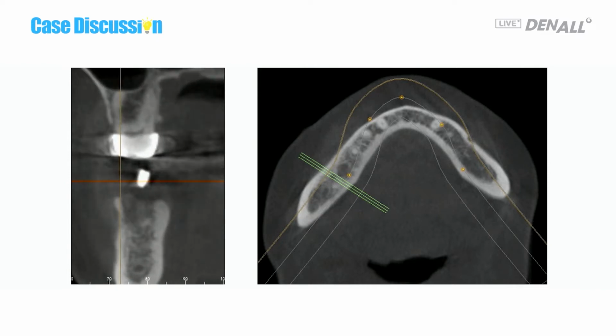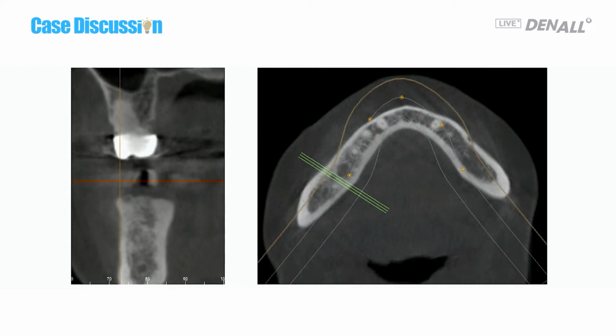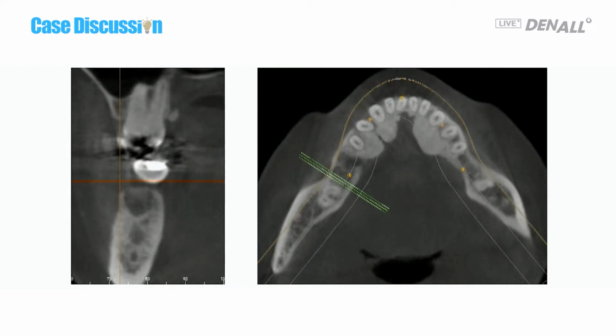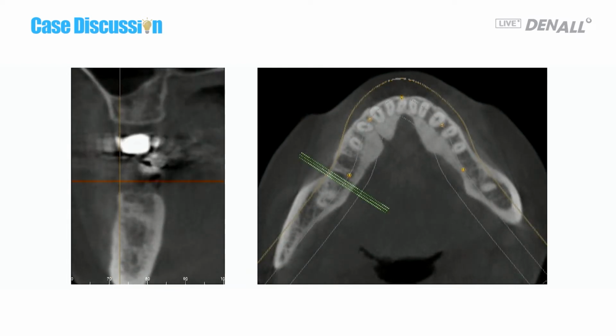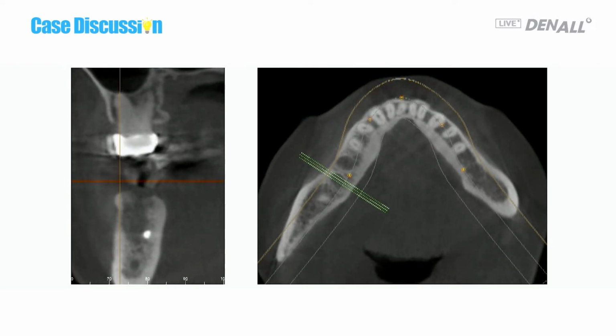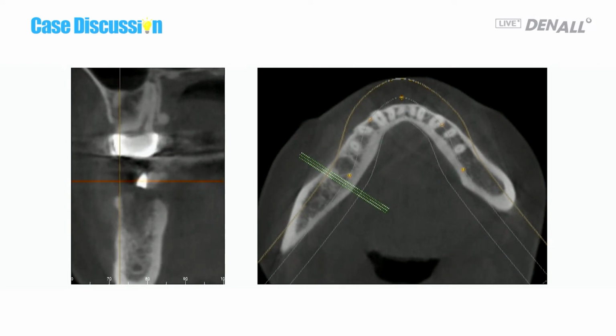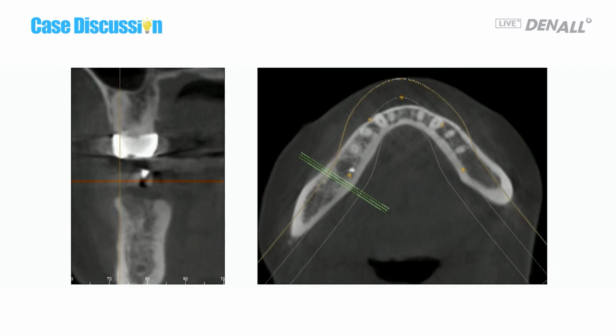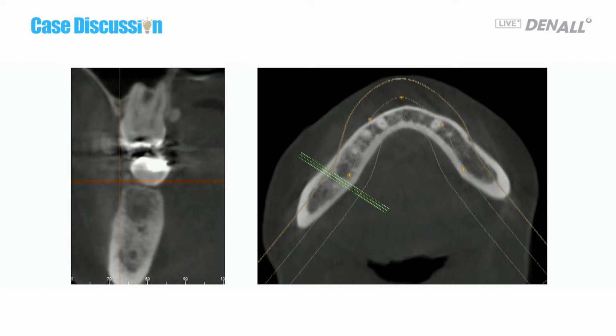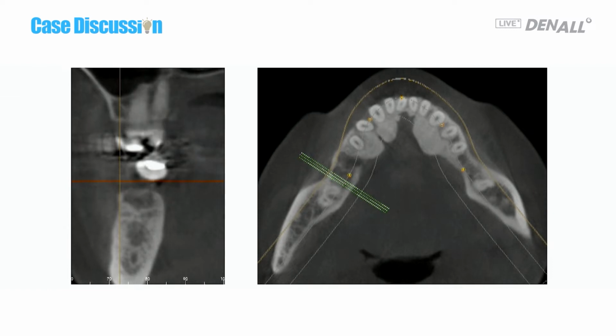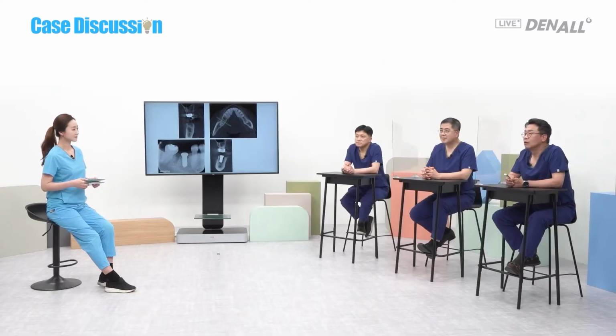There's no bone near that mass, hardly any bone. In the axial view, after 4 months since extraction, it's not very well healed. I thought I could get initial stability from somewhere because it's quite far from the canal, and if I placed a long implant, that could have worked.